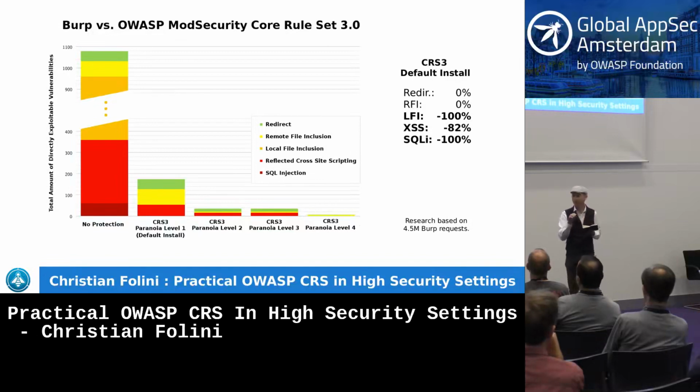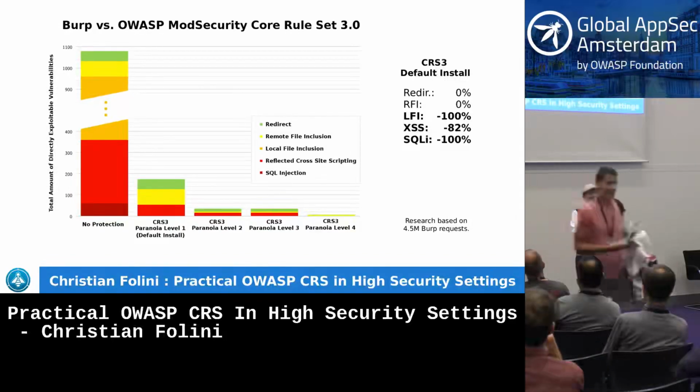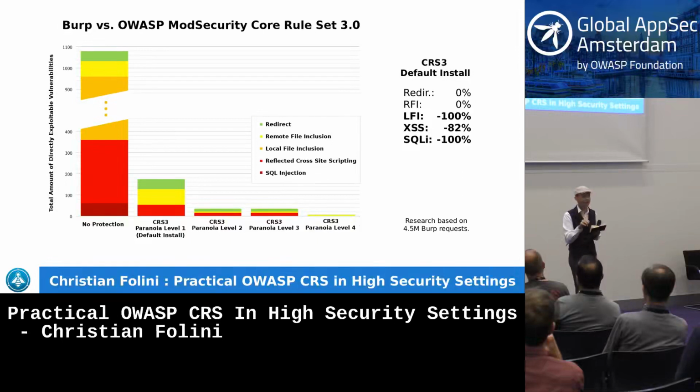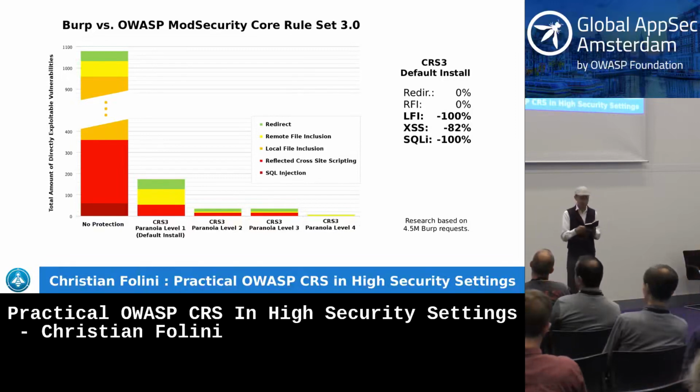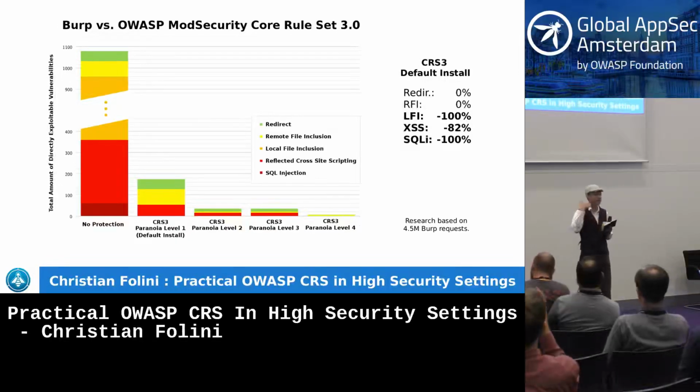A dedicated and smart attacker is still able to pull off an SQL injection. But the difference is that Burp is no longer of any assistance here. You have to do this by hand, and you have to be really smart and know how SQL works to be able to work your way around CRS, even in a default installation. So the default installation gives you very good coverage already.